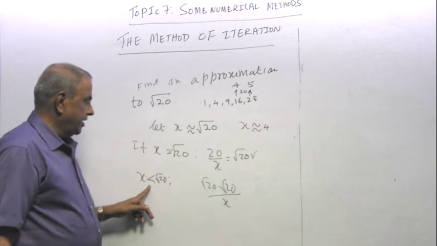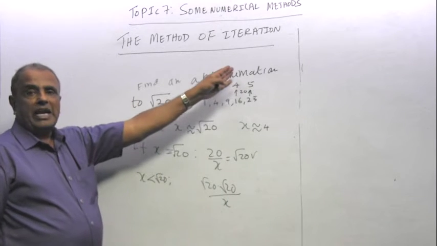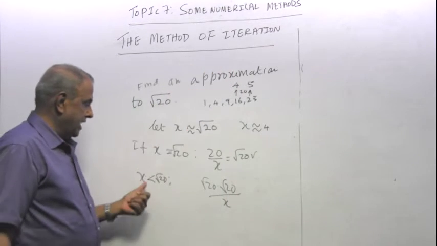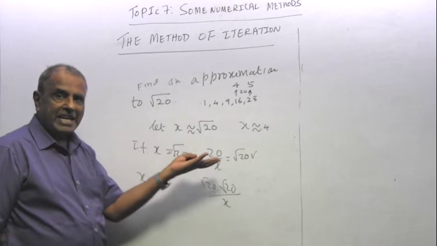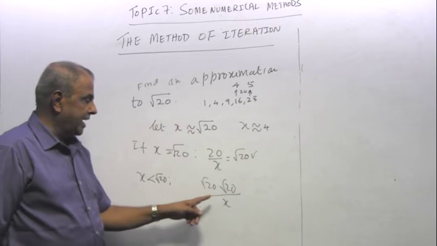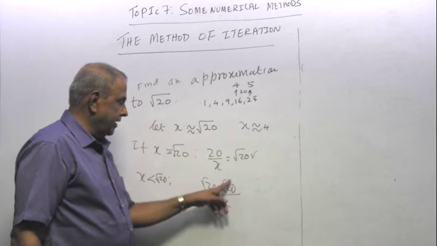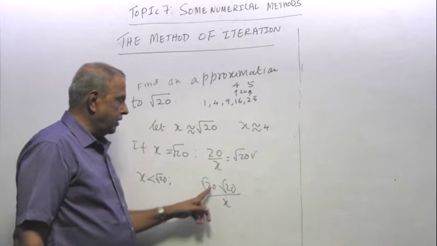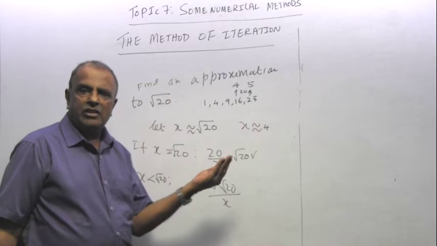If instead x is more than root 20, say x is 5, that ratio will be less than 1, so the answer will be less than root 20.